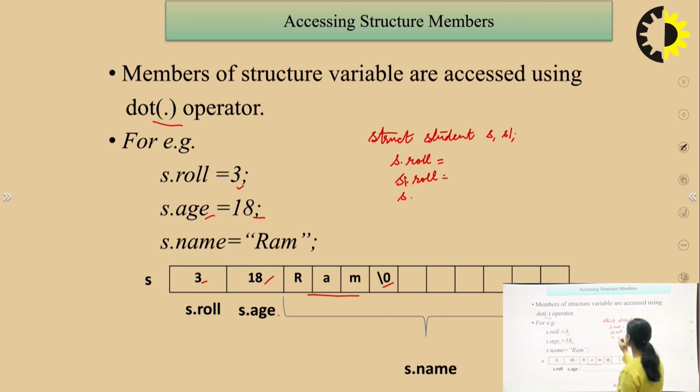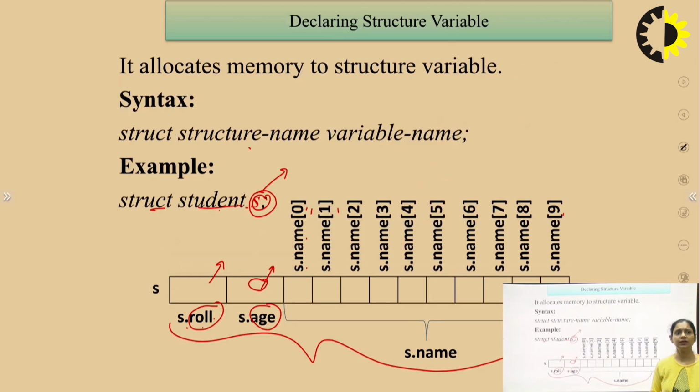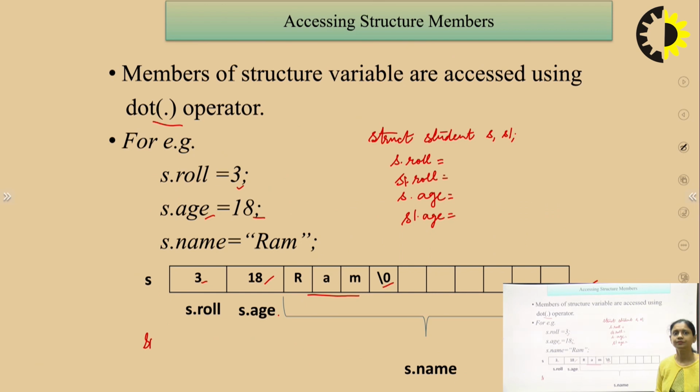Similarly, for S we'll have a different age and for S1 we will have a different age. So the memory layout that we have for S, the same memory allocation we'll have for S1 also. So for different students, we have different memory allocations.